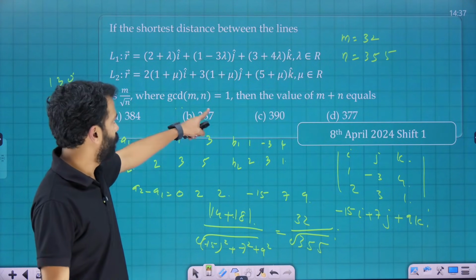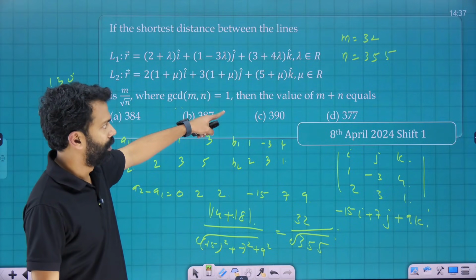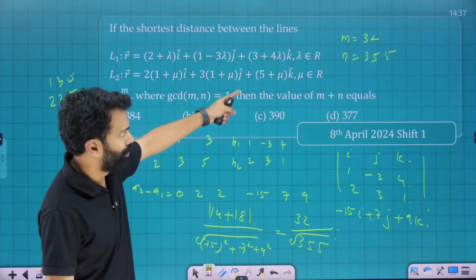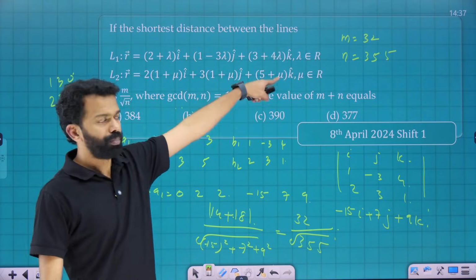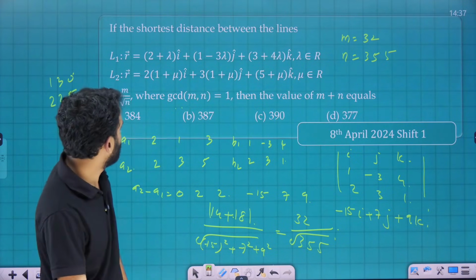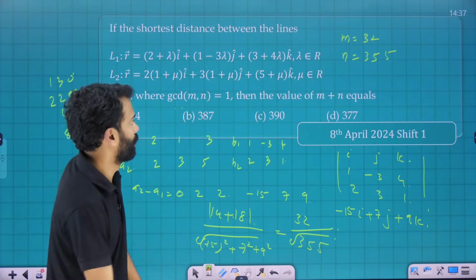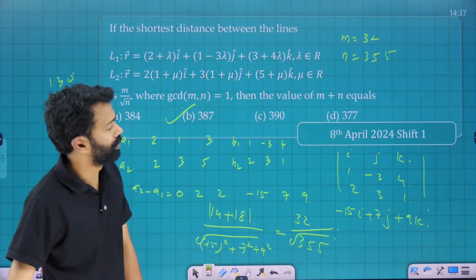Is there any common divisor for M and N other than 1? No. Therefore we need to find M plus N, and M plus N is 387. Option B is the correct answer.